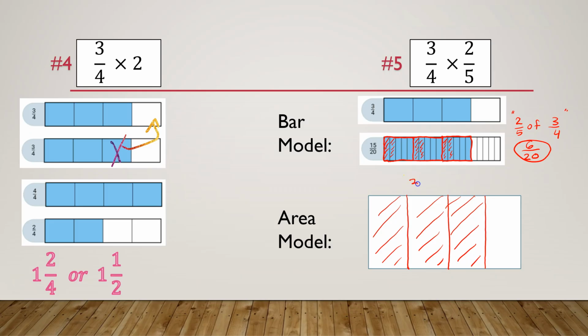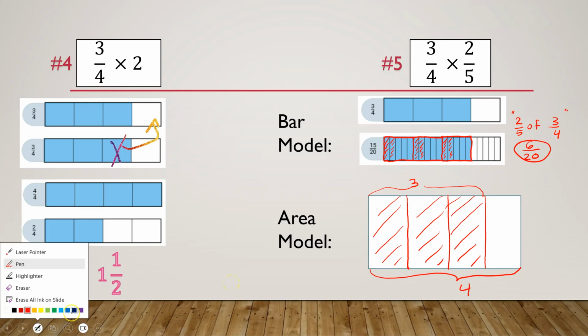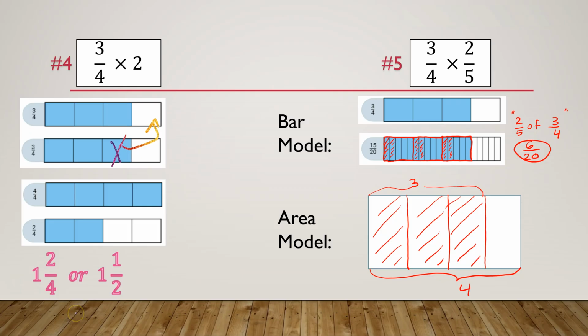That is 3, right? 3 out of 4. That's 3/4. Okay. And what I need to do next is I need to go ahead and divide what we have into 5 equal parts and take 2, right?